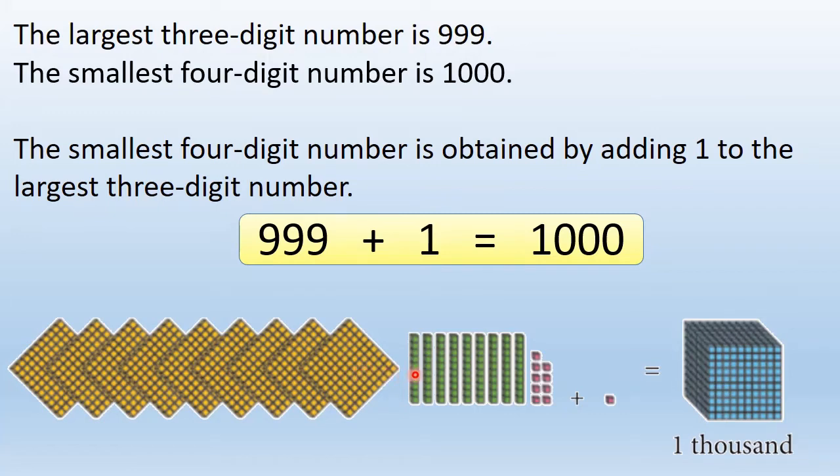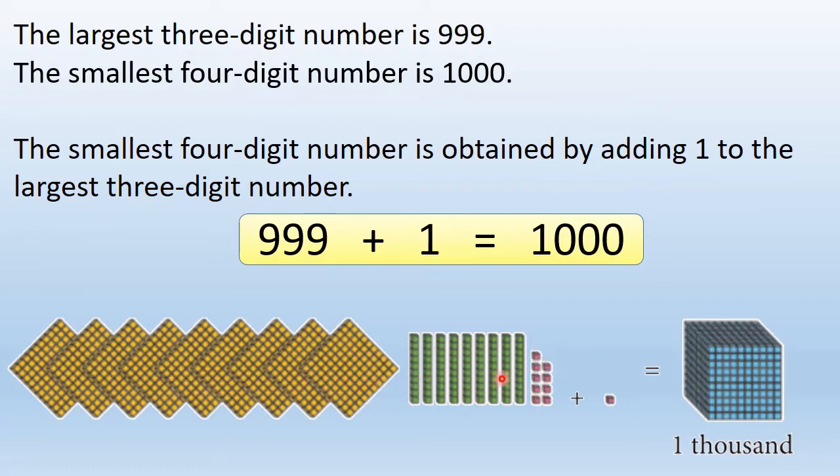And here we have 1, 2, 3, 4, 5, 6, 7, 8, 9, 9 lines of beads. This represents 90. And we have 9 single beads here, 1, 2, 3, 4, 5, 6, 7, 8, 9. This represents the number 9.